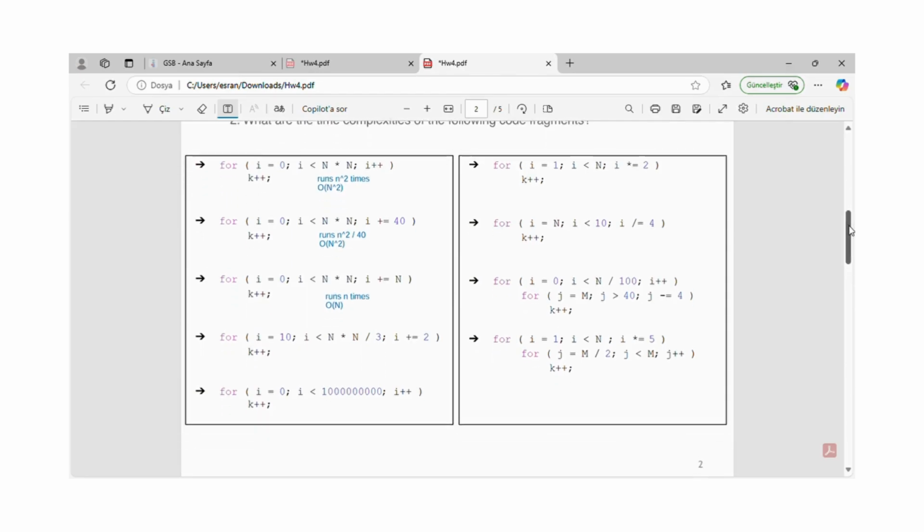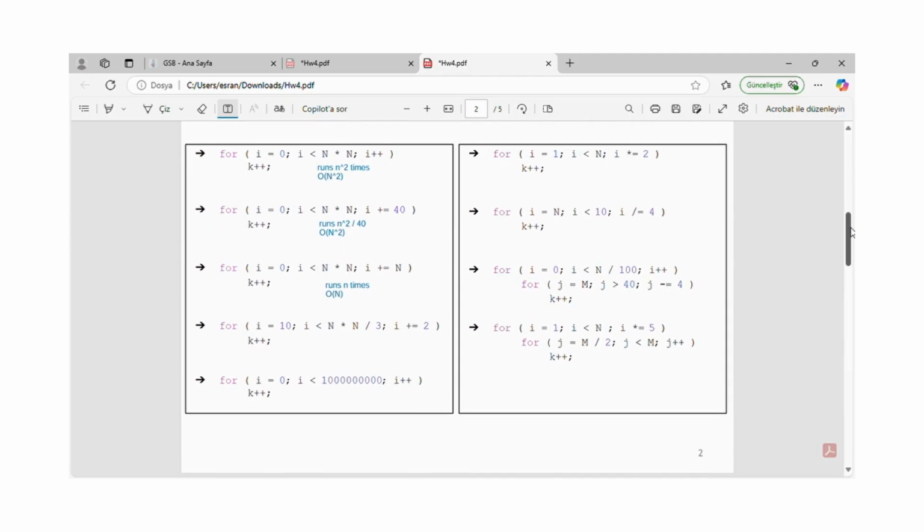It's kind of complex. Let's write n times n over 3 minus 10. Let's put some parentheses, and again over 2.